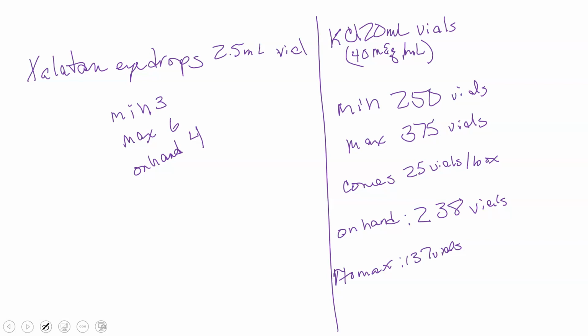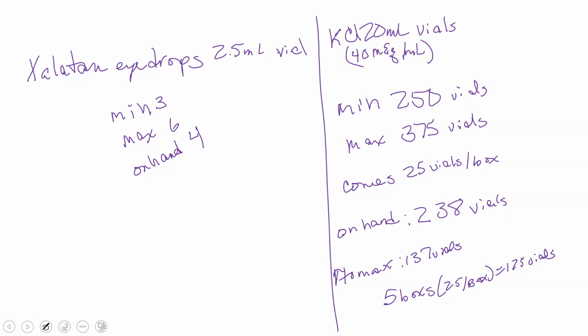So how many are we going to order? 5. Which is 125. 5 boxes at 25 per box is equal to 125. That's what we're ordering. 5 boxes.